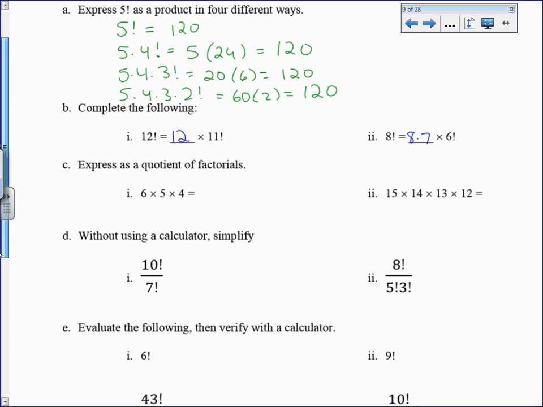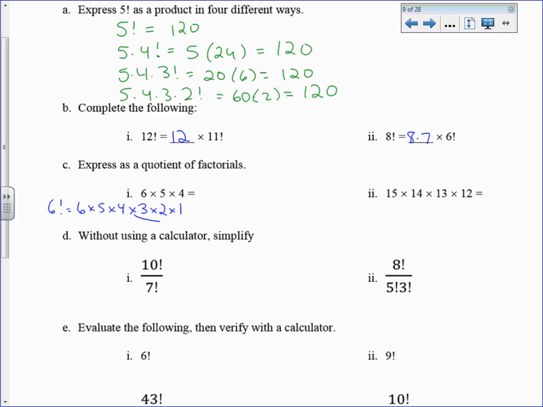We can also express a string of descending natural numbers that's truncated. Like we're missing the times 3 times 2 times 1 here, so this is showing 6 times 5 times 4. If I write 6 factorial on a different line, it's equal to 6 times 5 times 4 times 3 times 2 times 1.